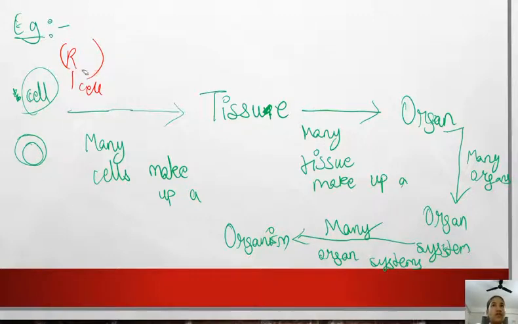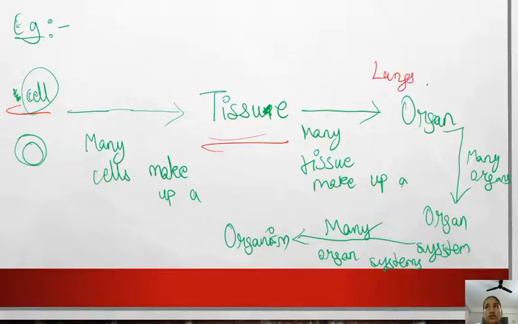Now consider a cell of our respiratory system. Many cells together form a tissue. Then many tissues will form an organ. What's the organ? For example, lungs is an organ.